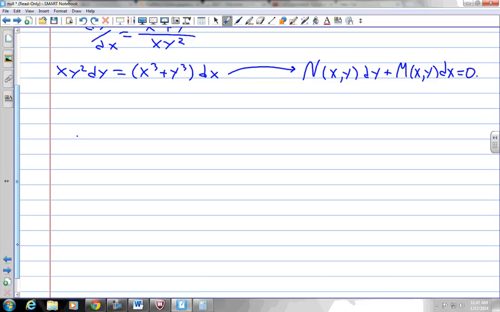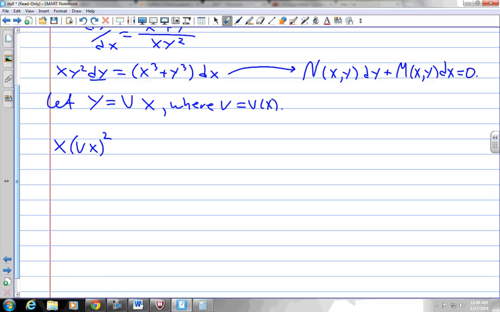I'm going to make a substitution. I'm going to replace y with the following expression, vx, where v is some function of x still. v is some v of x. Now let's see what will happen. Instead of y squared, I'll put vx squared.